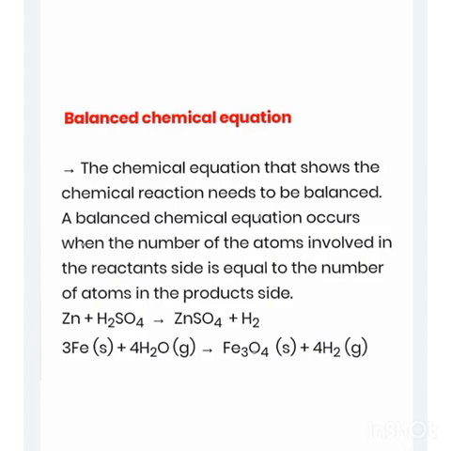Similarly, sulfur is 1 on the reactant side and also 1 on the product side. Oxygen is 4 on the reactant side, so the same number of oxygen atoms is present on the product side, and the same number of hydrogen atoms are present on both sides. So that means the chemical equation is balanced.